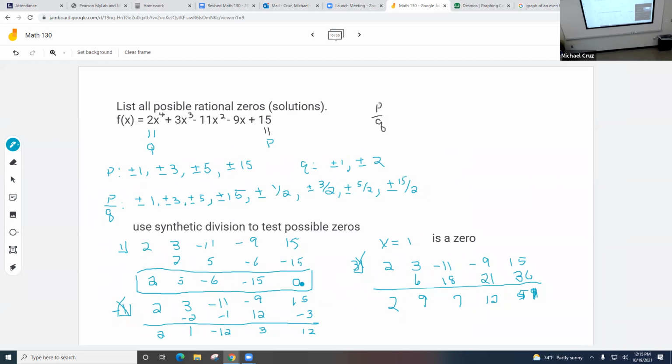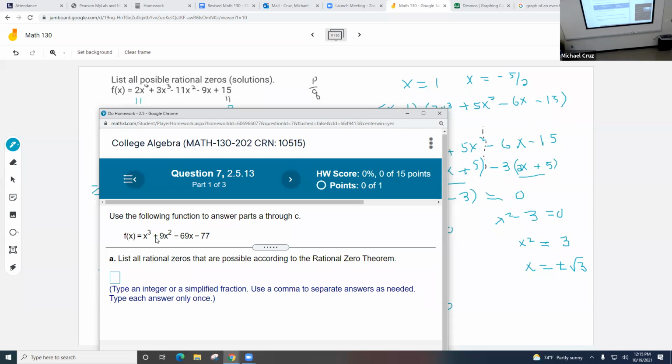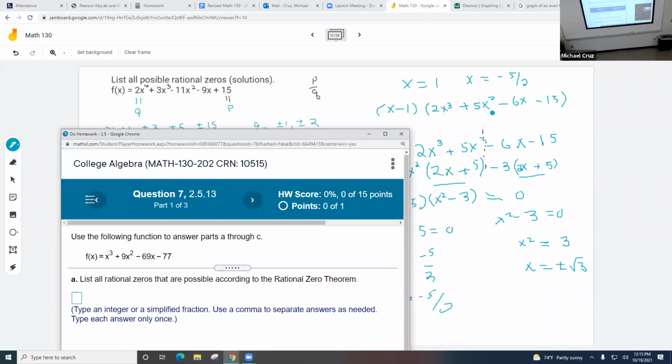Because whenever you get a 0 here, that means that that one is a factor. So then what I did, and this should work on that one because it's just a cubic, is when you find out what it is, you write it in factored form, and then you solve, and it's going to be a quadratic right there. Like I said, if you want me to do it, send me an email, put it in there.